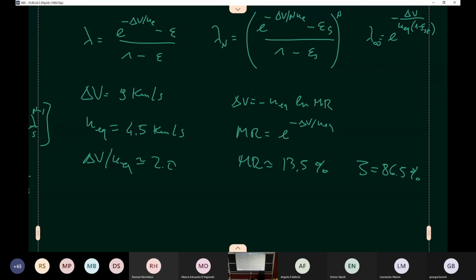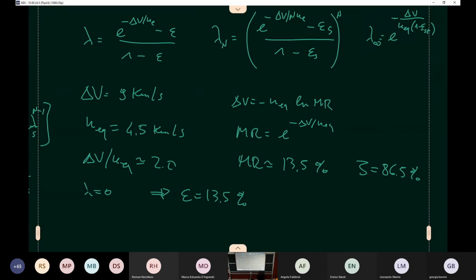We can see, in fact, that if we assume the limiting condition of a single stage with lambda equal to 0, this means that epsilon should be 13.5%. That is actually not so easy.